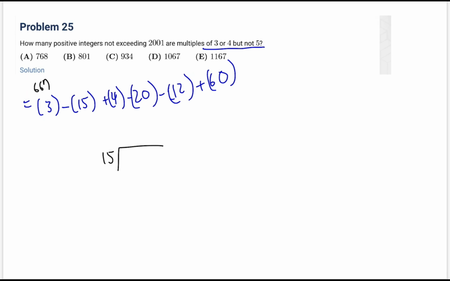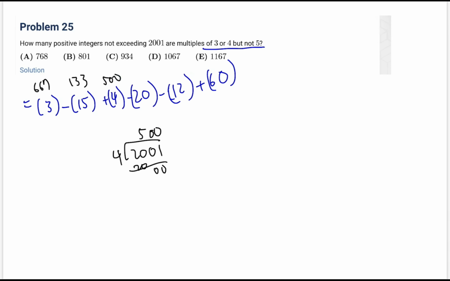2001 divided by 15 is 133, plus 4, so we have to divide 2001 by 4, so it's 500.